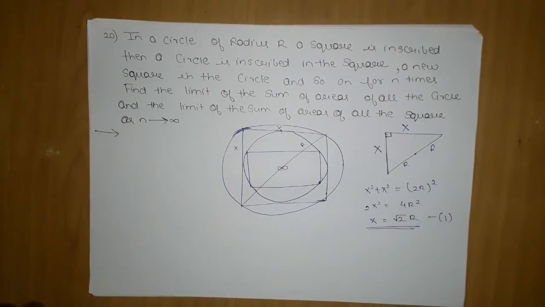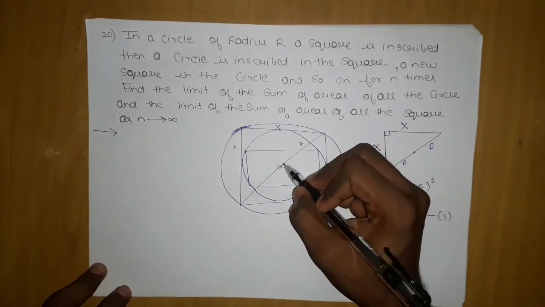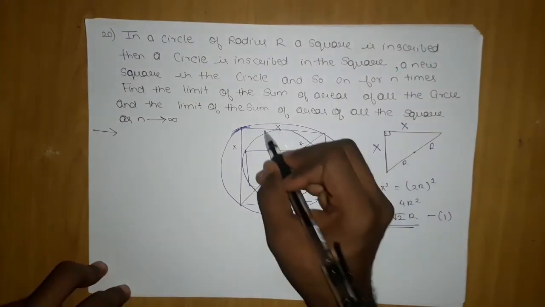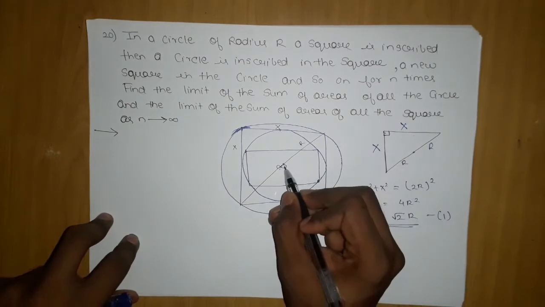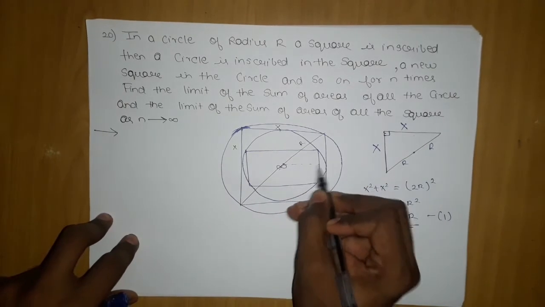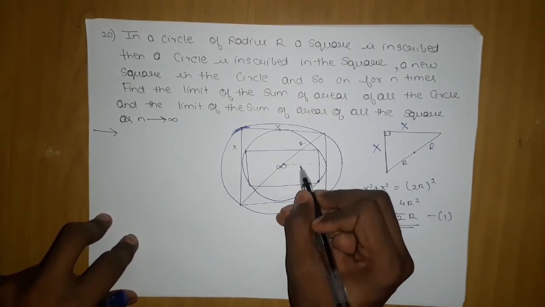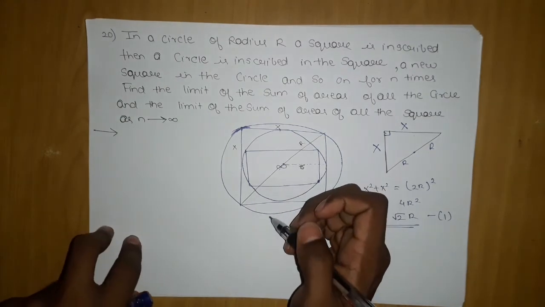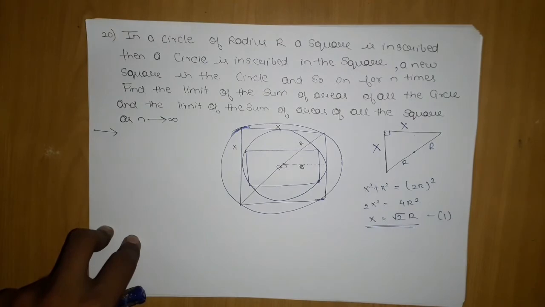Now we have this r length, we have this whole length. We want the radius of this smaller circle, which we will say is some smaller r. How can we get the radius of this smaller circle?